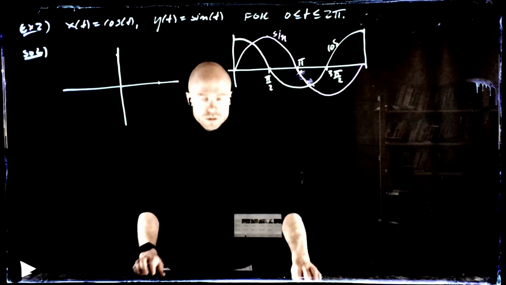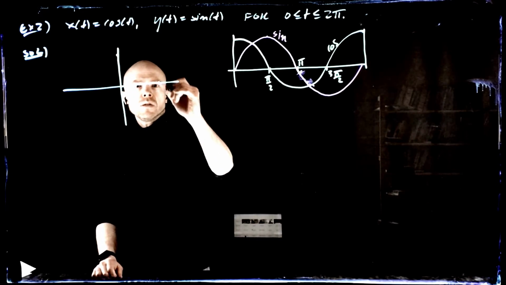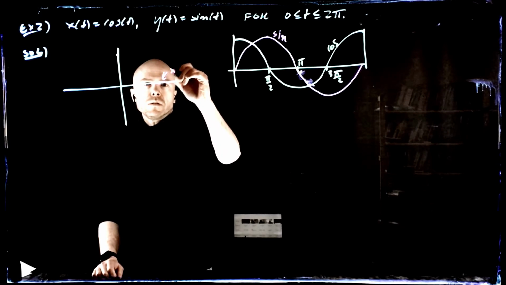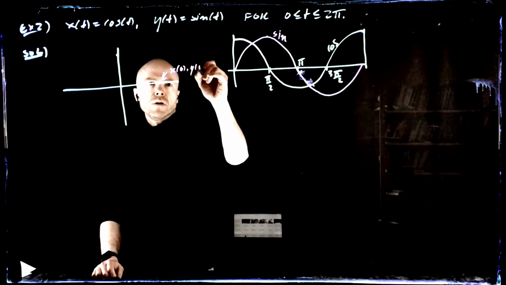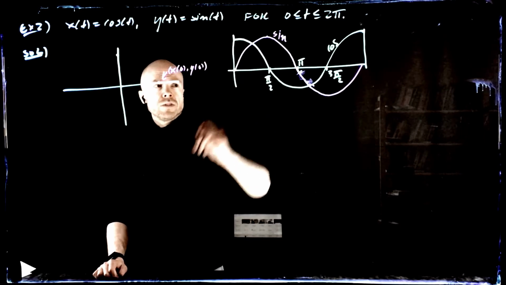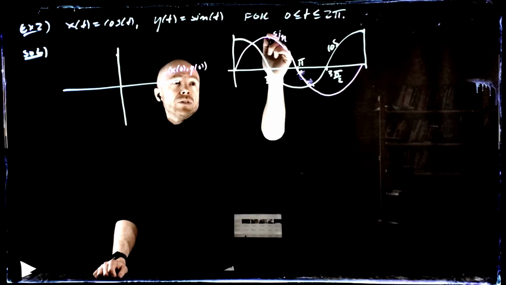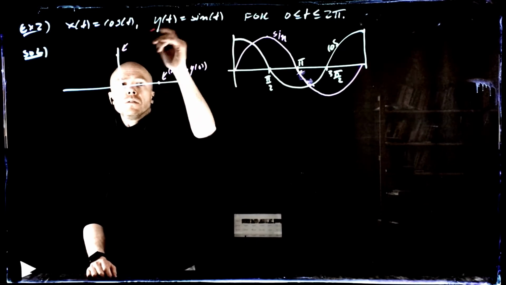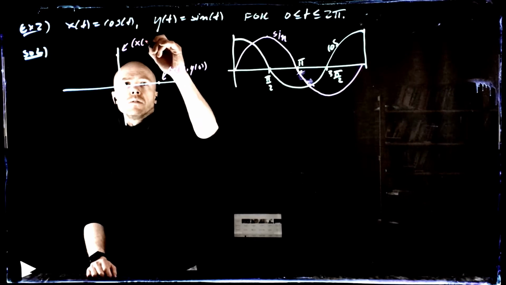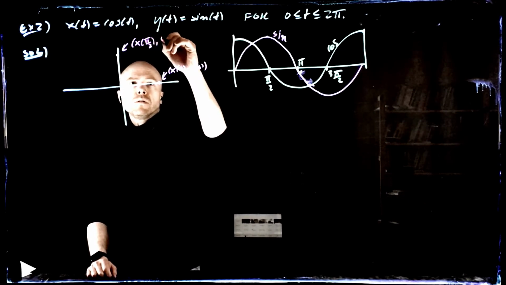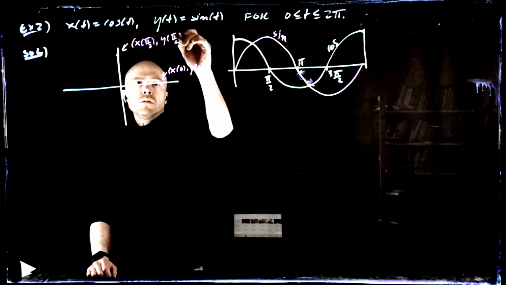So we are here when t equals 0, right? So this is x of 0, y of 0, because cosine is equal to 1, sine is equal to 0. At pi over 2, sine is equal to 1, cosine is equal to 0, so we're here at x of pi over 2, y of pi over 2.